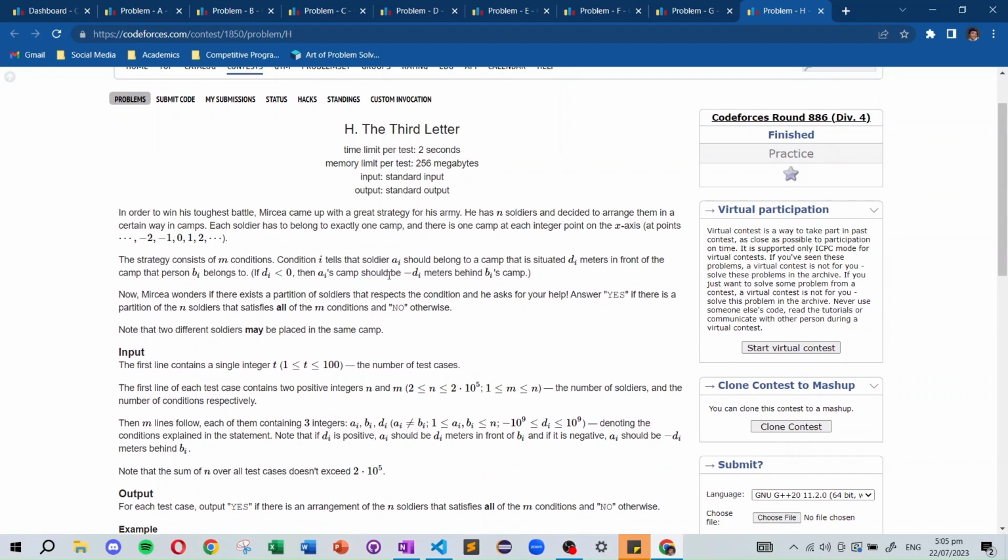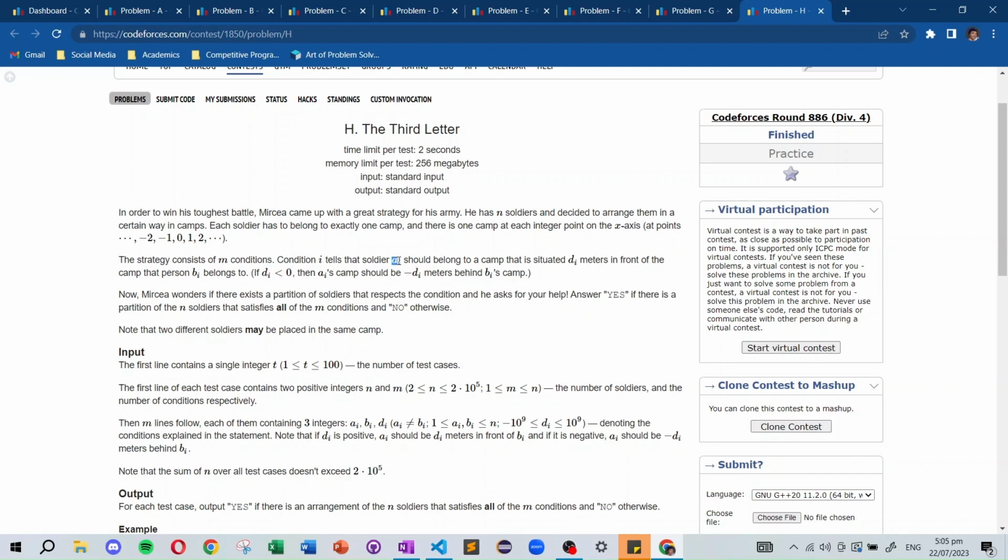So let's first explain the problem. You're basically given an infinite line, and you want to place soldiers in the camps, and there are camps at each integer point. You want to place soldiers so that it satisfies m conditions.